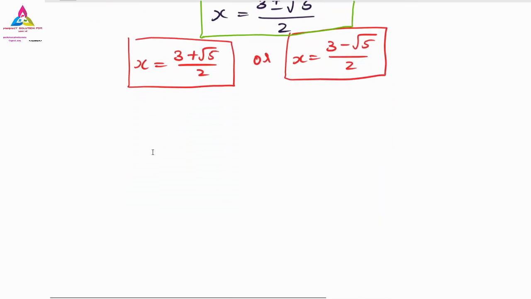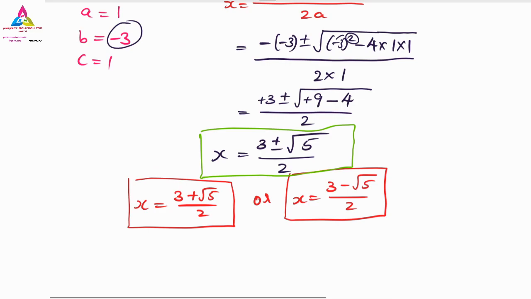Okay, next one is very important. See here, one more thing. Inside the root, what number do we have? 5. Is it positive or negative? Positive. So what type of root is it?